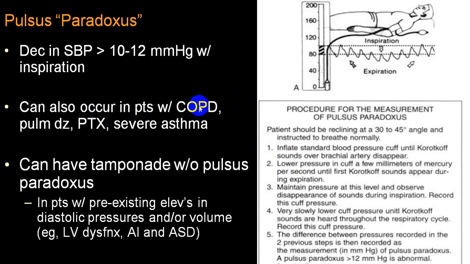We have already mentioned that it can occur in a person with severe asthma, pneumothorax, pulmonary embolism, COPD, etc. But you will not be able to demonstrate pulsus paradoxus in the presence of cardiac tamponade because of the presence of LV dysfunction, aortic regurgitation, or ASD.